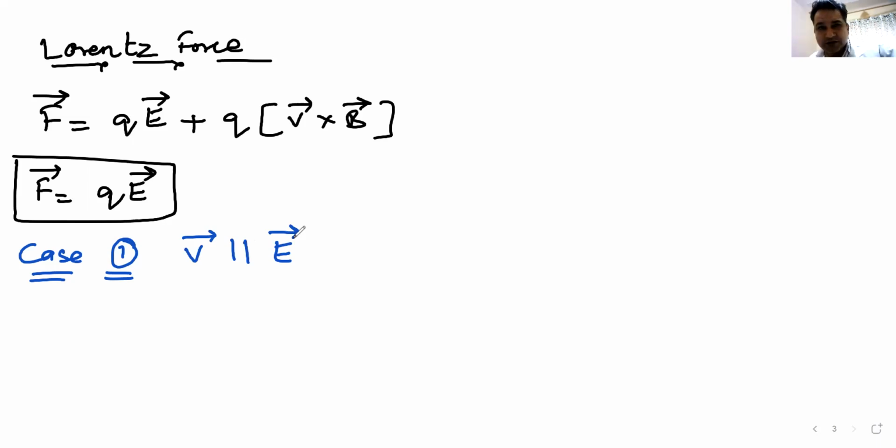F is equal to qE, nothing else. The motion will be a straight line motion.